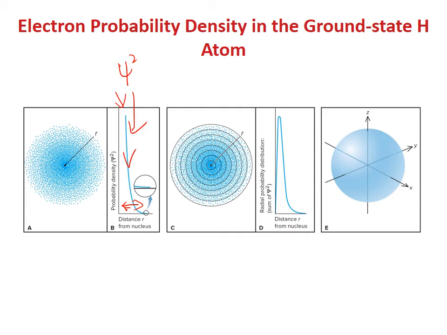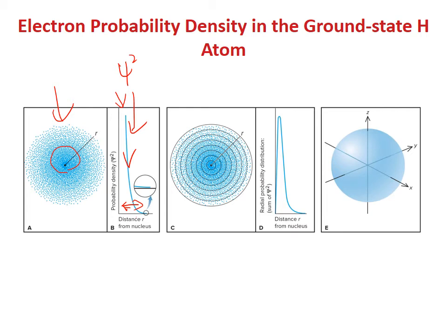In this diagram, we use dots to represent psi squared. The greater the density of dots, the higher the probability of finding the electron in that volume. Again, we see a greater density of dots close to the nucleus, and that means high probability density there.